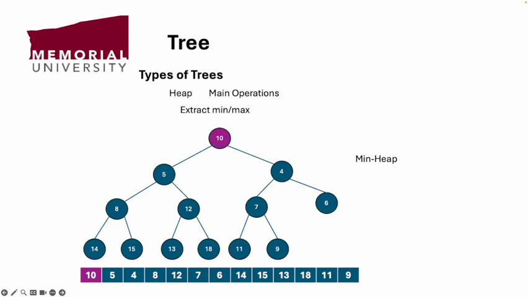Compare 5 and 4. Which are we going to swap with? 4, not 5, because 4 is the minimum of the two and is less than 10. On the code, earlier you saw, check the left and then check the right. Find the minimum number to swap.